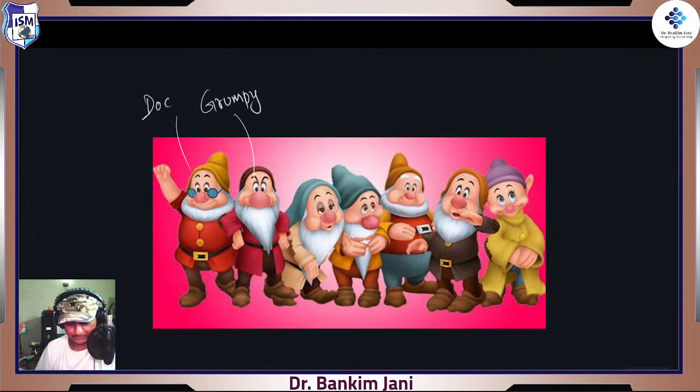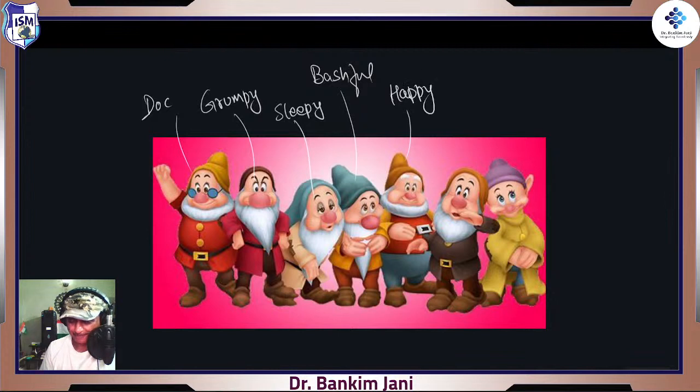Then always sleepy, this is Sleepy. Then this one in between is Bashful. And these 3: this is always happy, this one is Sneezy, with the nose, and finally this one is Dopey.